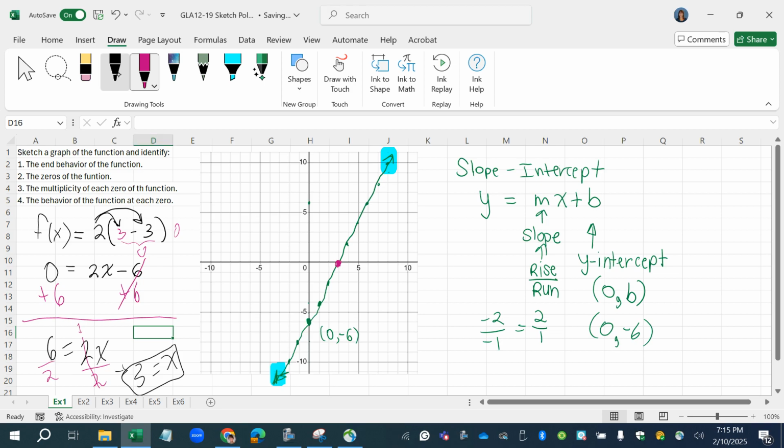And what we know about the x-axis is that any point you grab on the x-axis is always going to have a y value of 0. That is actually the equation of the x-axis: y equals 0.